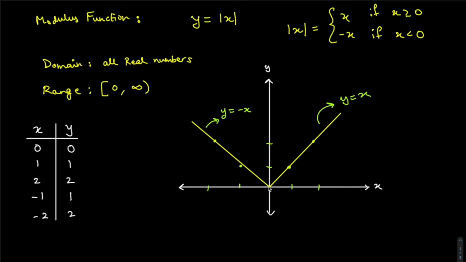So you see this turning point right here. Now you can see that this graph follows two different functions. So y is equal to x from 0 to infinity, and y is equal to minus x from minus infinity to 0. I've denoted it right here, but this is the important part. This is how any modulus function will work. This is the key.